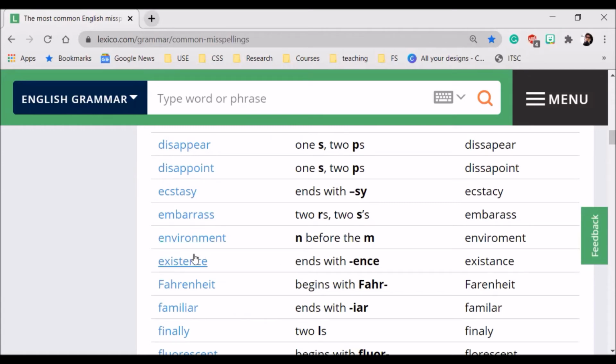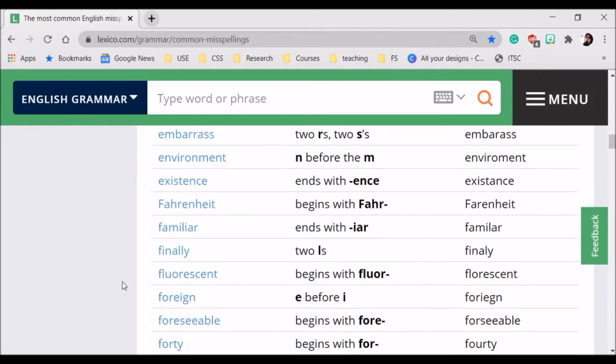So you have to keep in mind that N is here and you cannot miss N. Then we have existence. For existence, you have to be careful that it is ENCE, not ANC. Okay, because it starts with E and then it has all three E's. E here, E in the middle, and E at the end. So existence is clear. It has E in the beginning, E in the middle, and then E in the end.